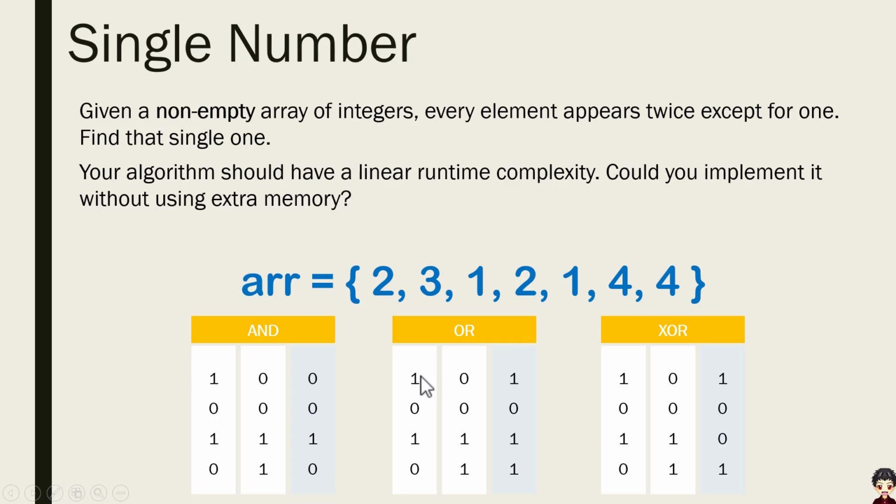For OR, there has to be at least 1 and it would return 1. Okay? And for XOR, we need to have a different value for both of them to get a 1 value.